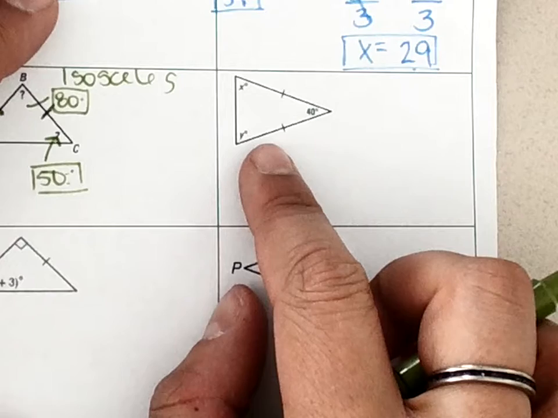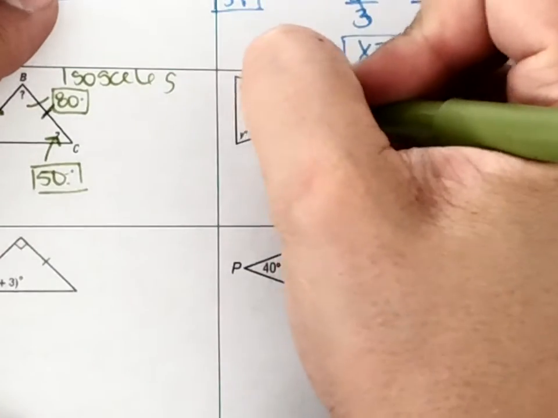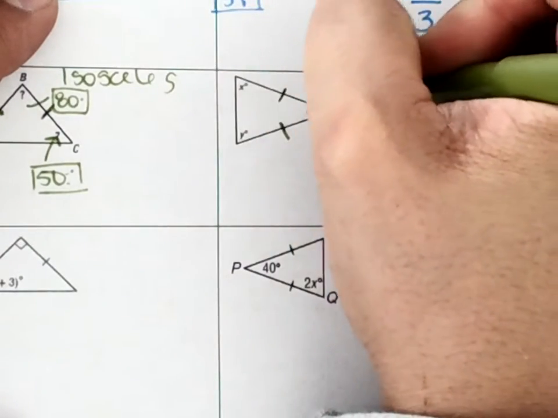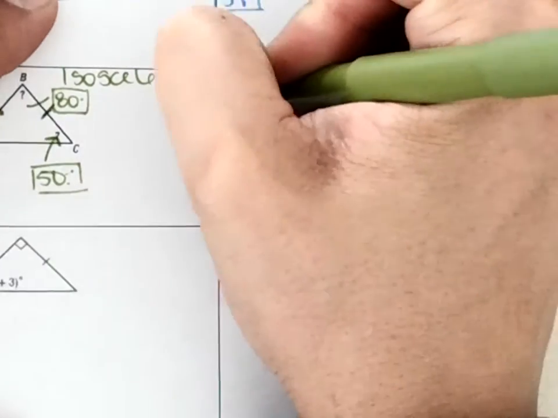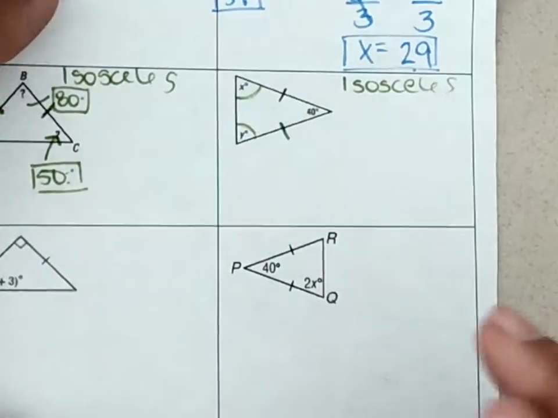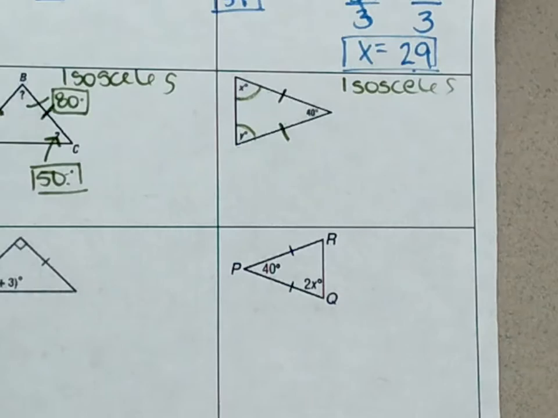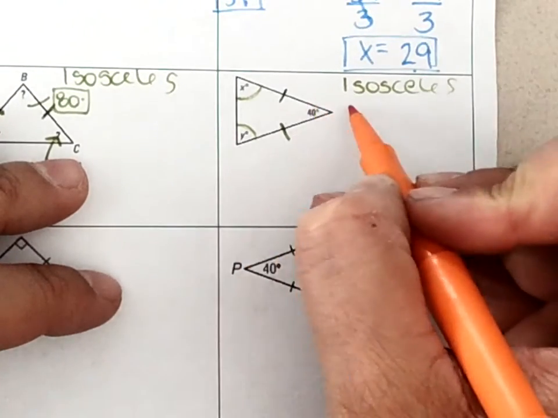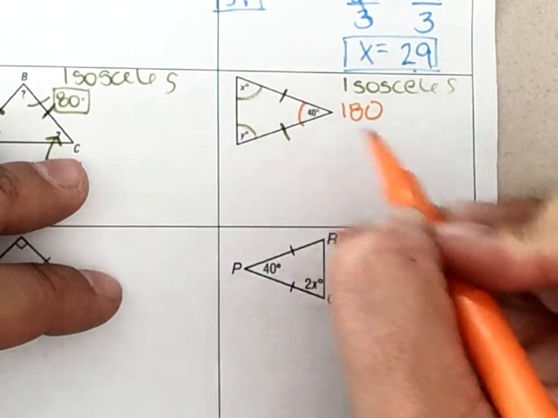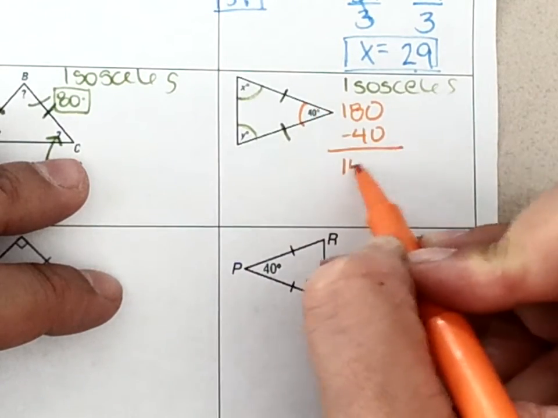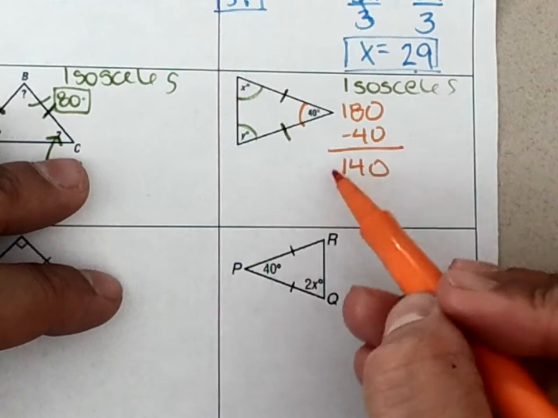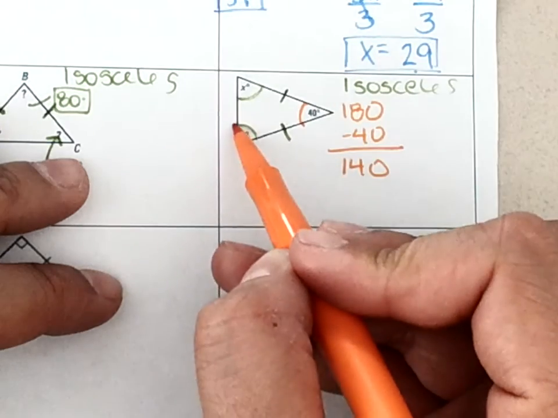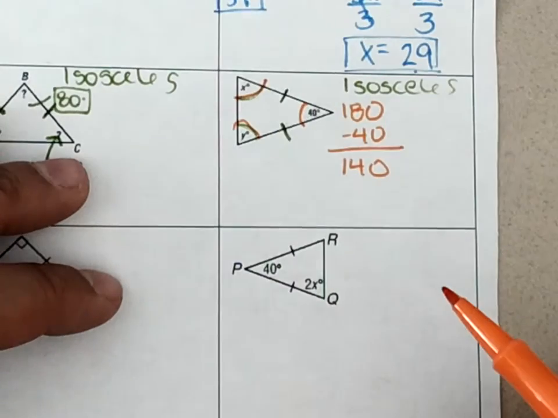For the second problem, again, we know it's an isosceles triangle because it has two congruent sides, and the two base angles are congruent. But in this case, we're not given a base angle. We're given the top angle that's not congruent to anything else. So in this case, I'm going to have to think, okay, if there's 180 degrees in a triangle, and this one is 40 degrees, that means we have 140 degrees left that we have to split evenly between these two angles.